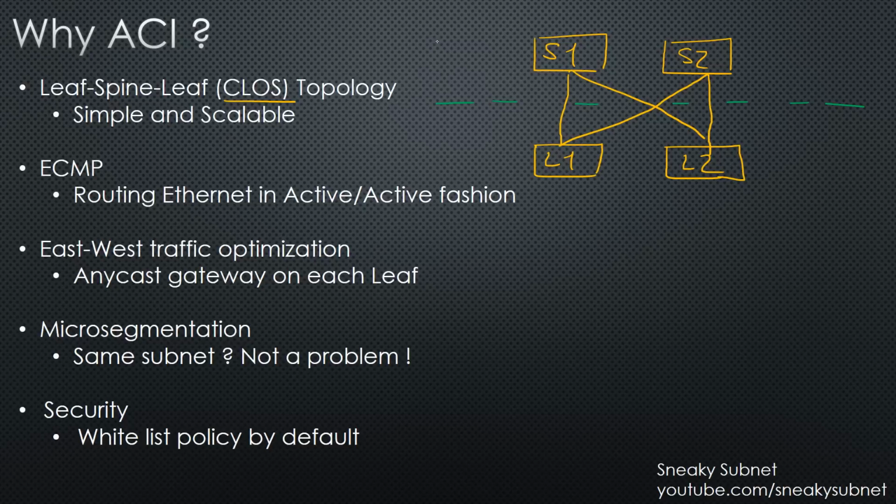We have the spine layer and the leaf layer. It is a pretty simple and scalable topology. So if you want to add more leaves to connect to your servers, you just need to connect them to your spines. If you run out of ports on your spines, you just add a new spine and connect all your leaves to it. We will talk more about this topology later.